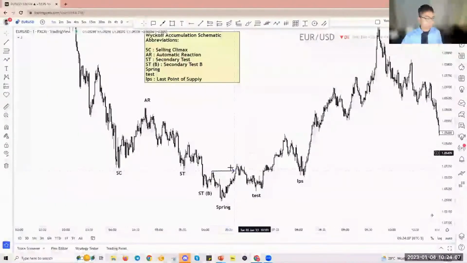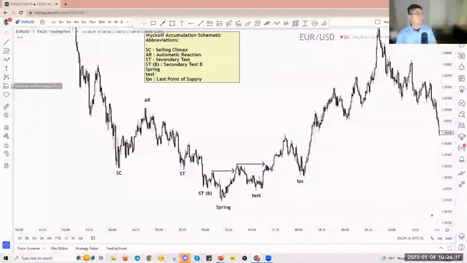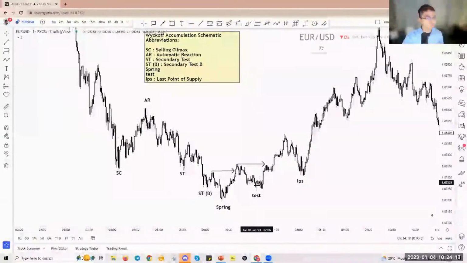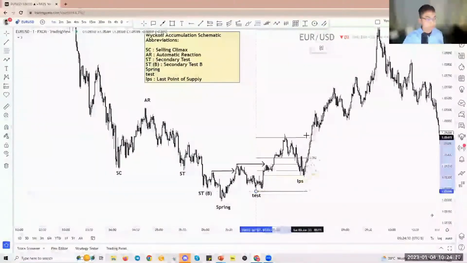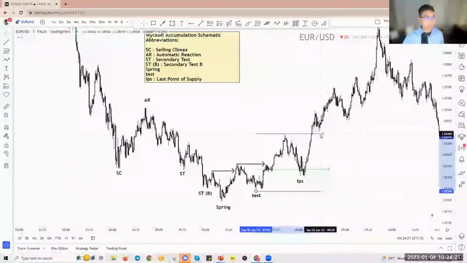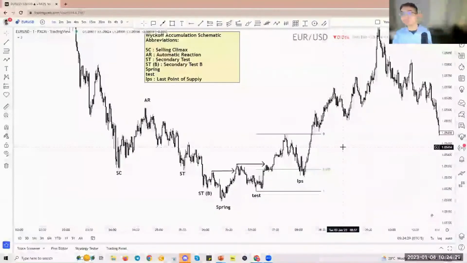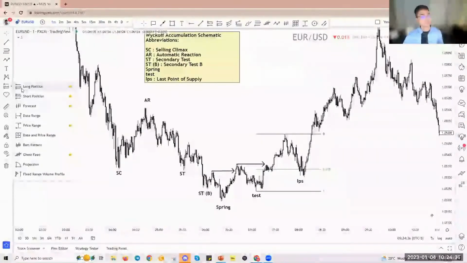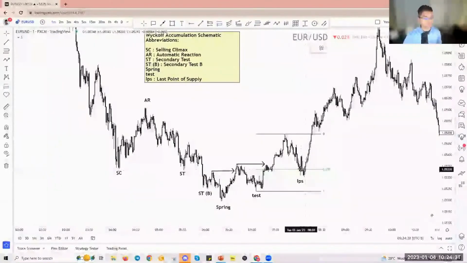Let me draw it out. Okay, the test got broken, last point of supply. You can enter using a Fibonacci line, drawing from the bottom of the test to the top and entering at the 61.8% area. Why the 61.8% area? Because it's the golden Fibonacci ratio. So you can take a long position, entering right here.